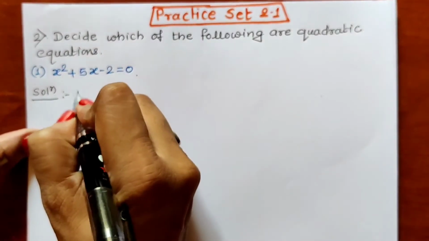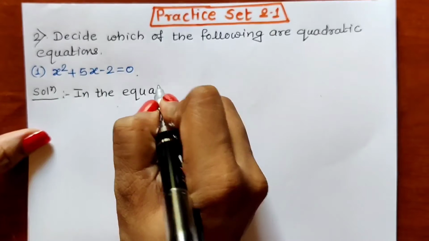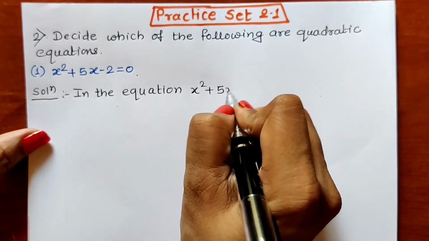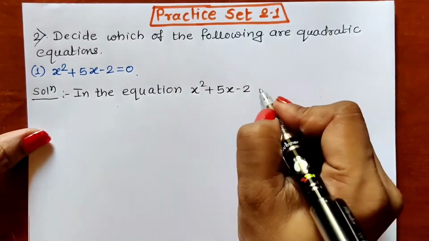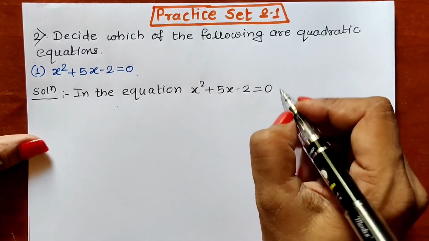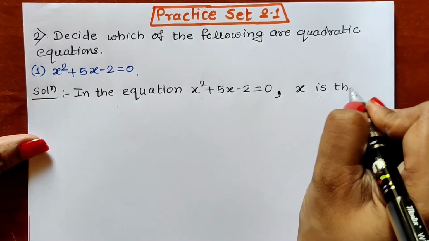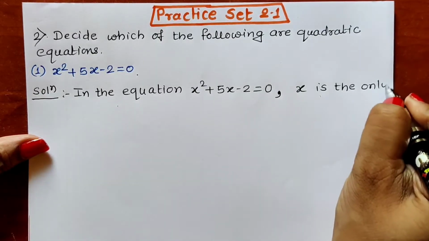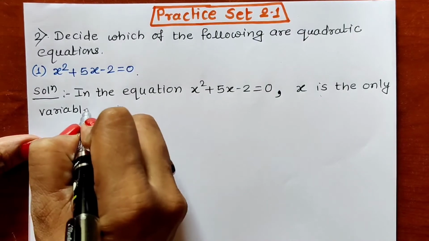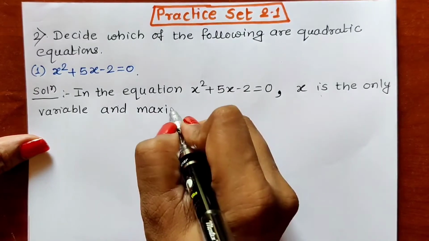So write the solution. In the equation, x square plus 5x minus 2 is equal to 0, which is the only variable? X is the only variable, so we will write here, x is the only variable, and maximum index of variable is 2.